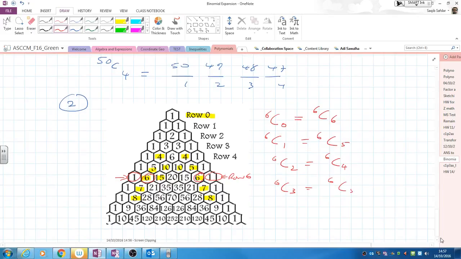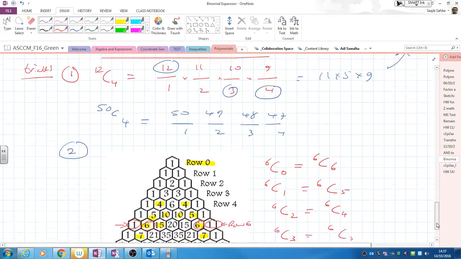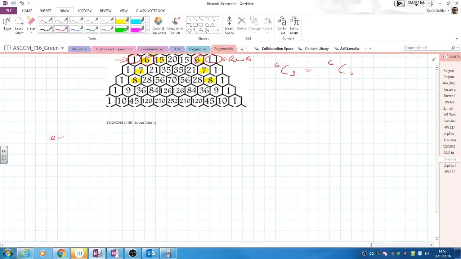But what that means is, if we go back to the example before, 12C4, if I said work out, for example, 12C8, how could you simplify this? How could you convert this into an easy 12C4?